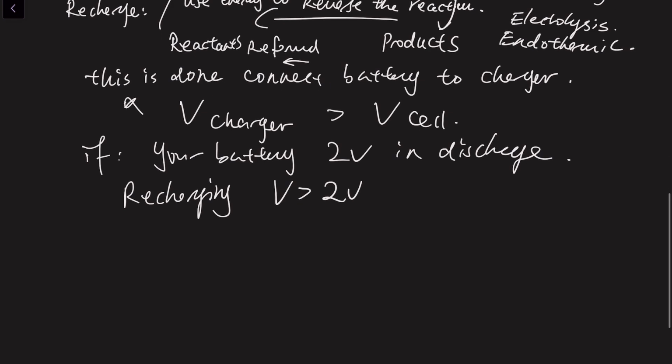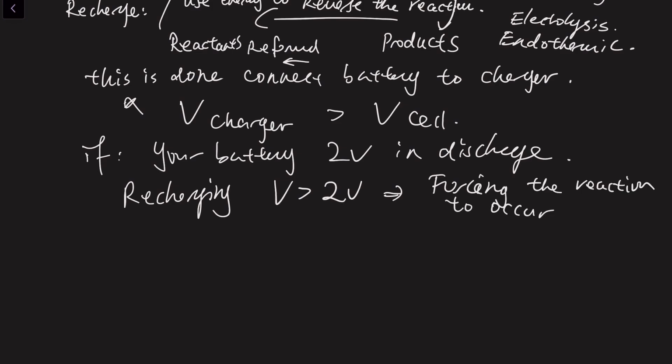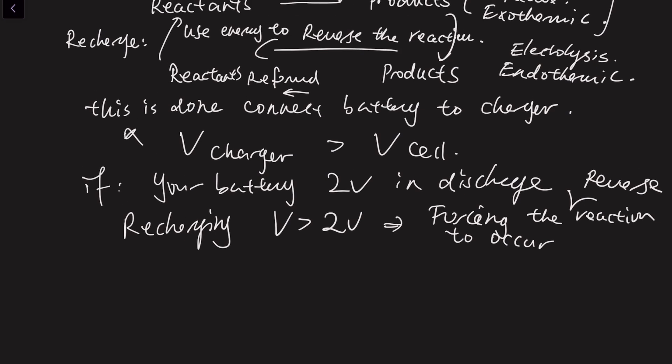So why is this the case? Because you are forcing the reverse reaction to occur, and the reverse reaction is not spontaneous. Hence you need to put in more than the potential voltage of the battery itself to convert the products into reactants again.